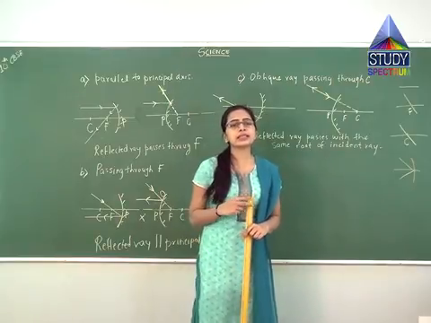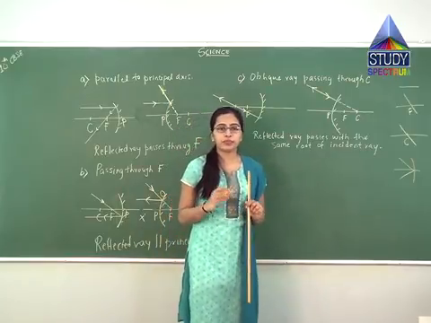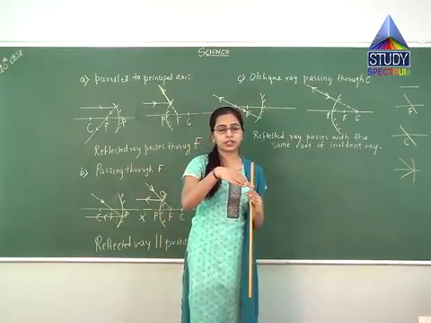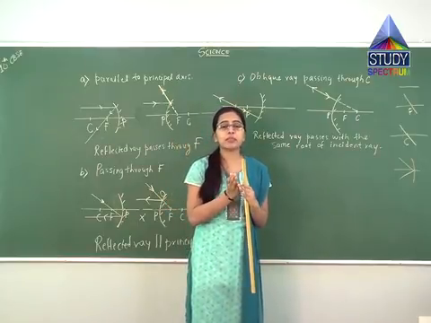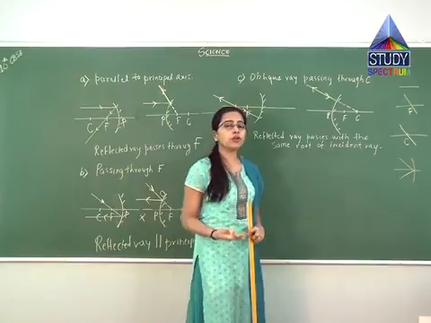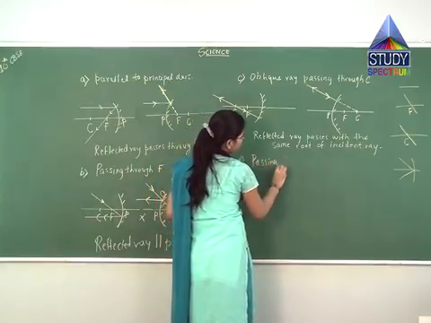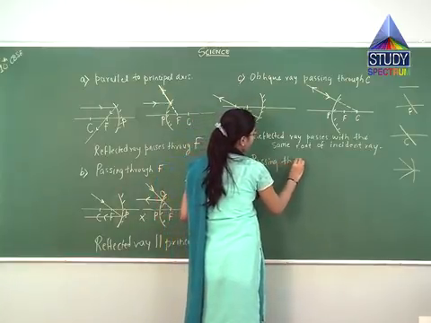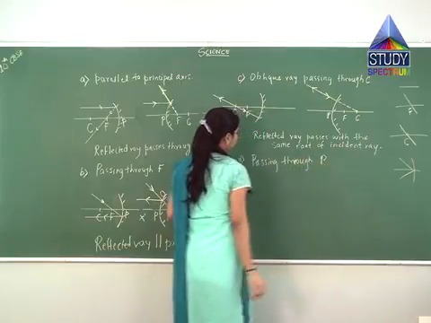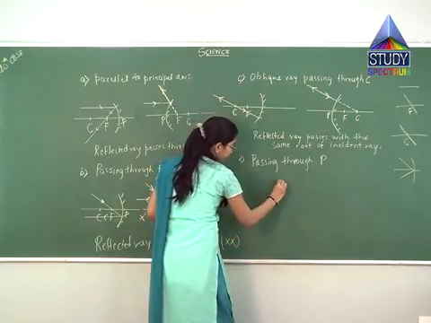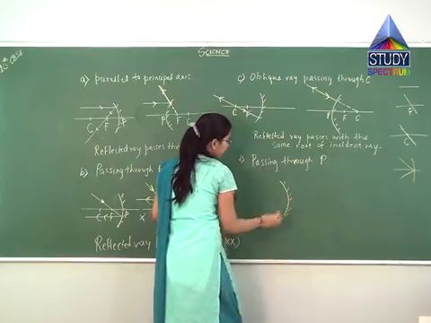Now our next case is where the incident ray is in the oblique direction. It means it is incident obliquely, but it is passing through the pole of the mirror, P. So here again we have a concave mirror.